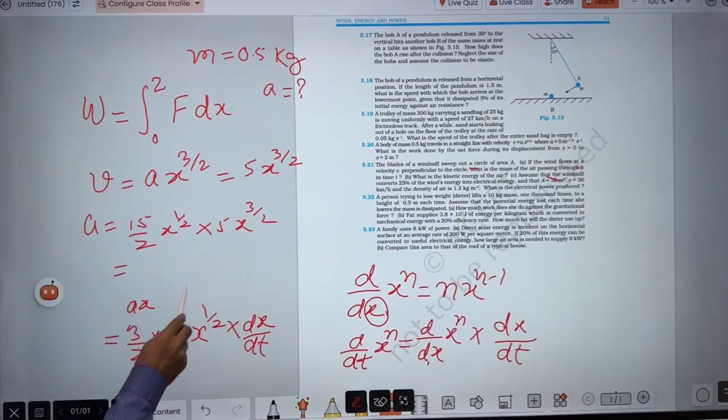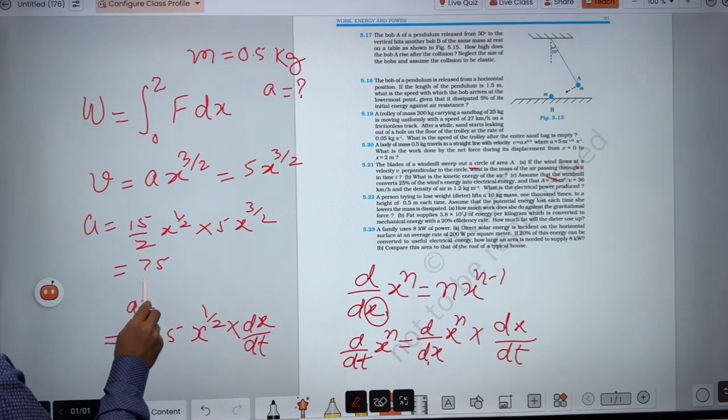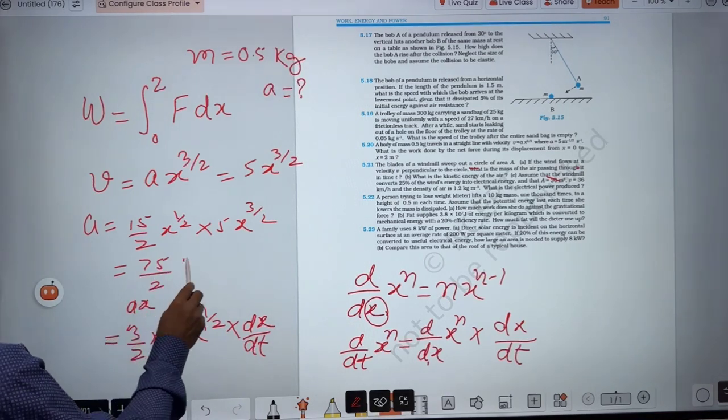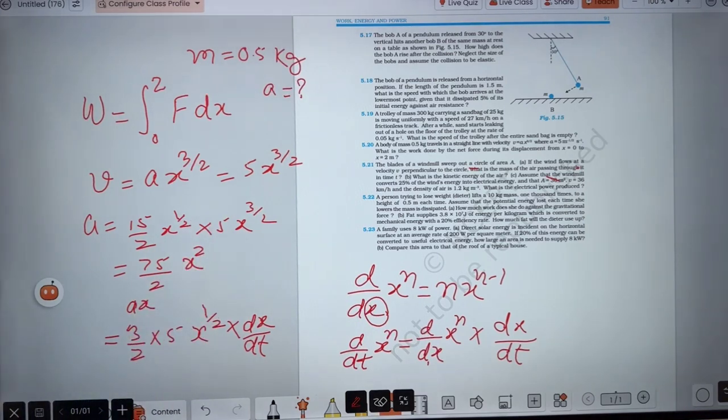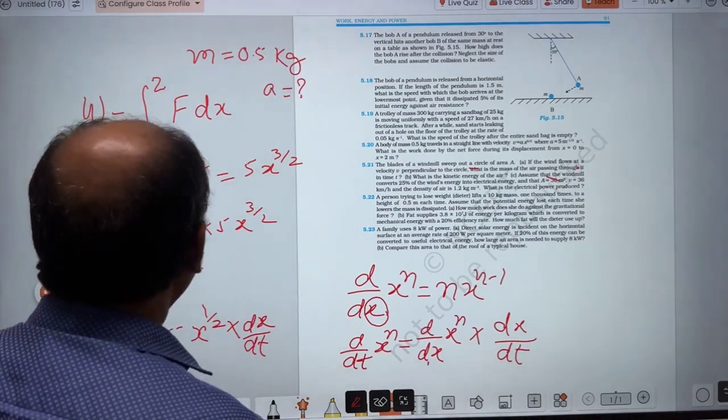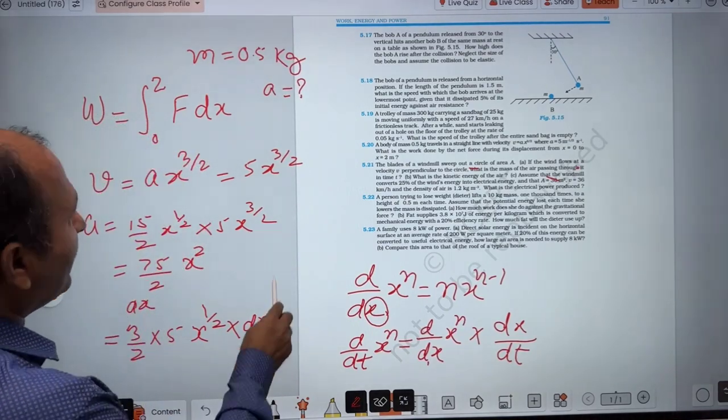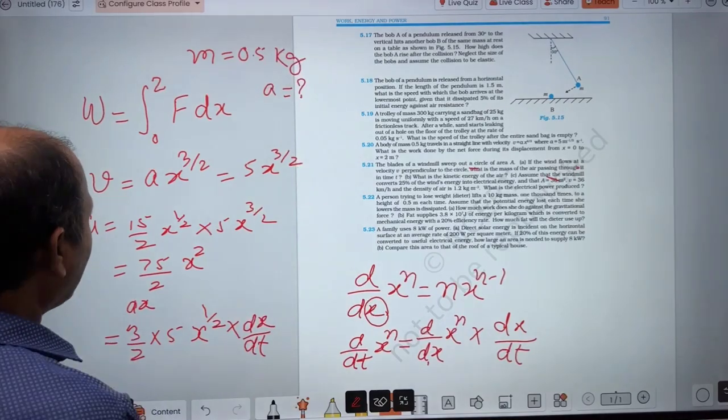So what are you getting? 75 divided by 2 times x squared. So you have got acceleration. Now what you do? You can find force F equal to ma.